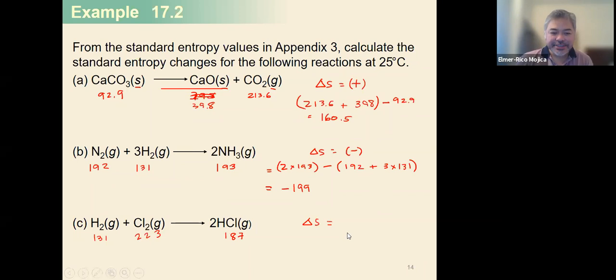Now the last one here. As you could see there, it's almost close, right? You have two gases at the one side and two gases also at the same side. So the value that you will get here would be a small value, and it can either be positive or negative. Okay. So if we're going to check what it is, we could say 2 times 187 minus 131 plus 223.